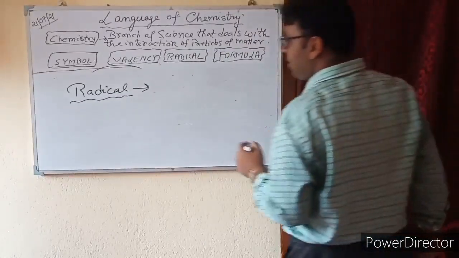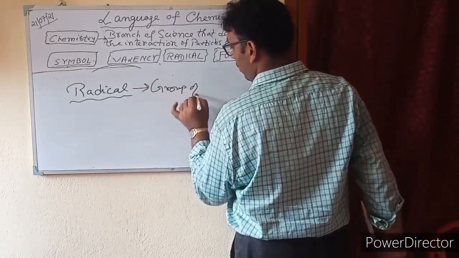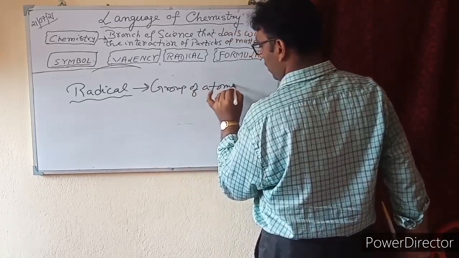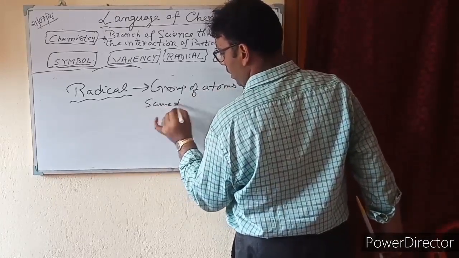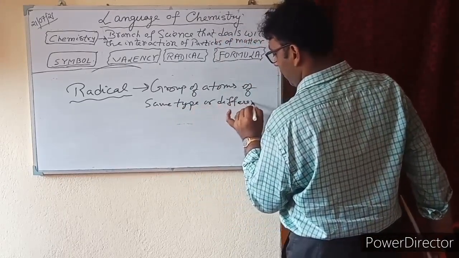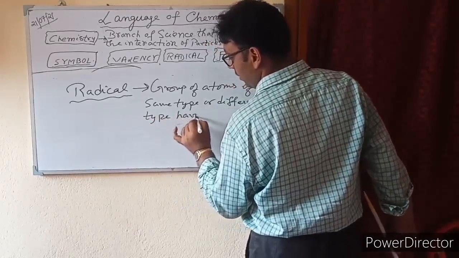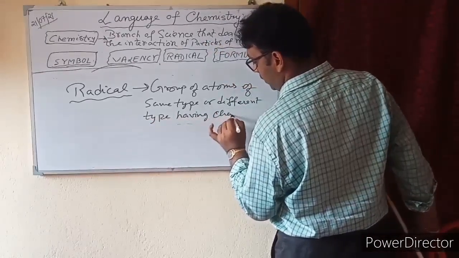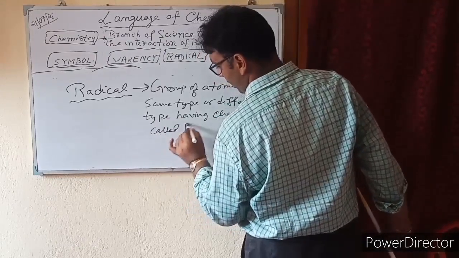What is a radical? The definition of a radical is that a group of atoms of the same type or different type having charge is called a radical.